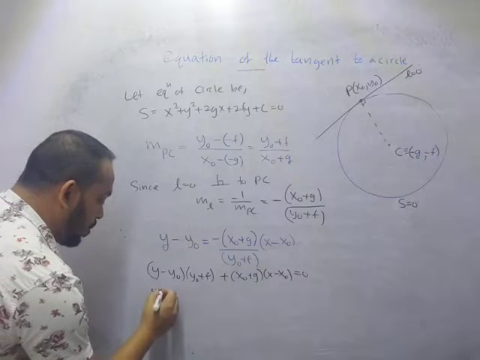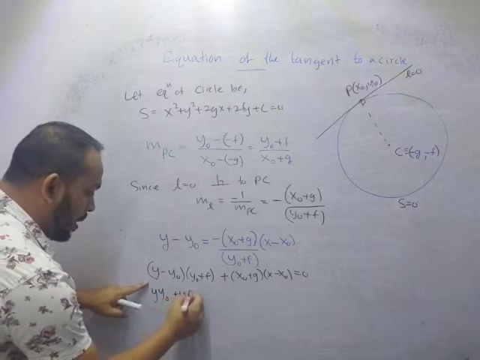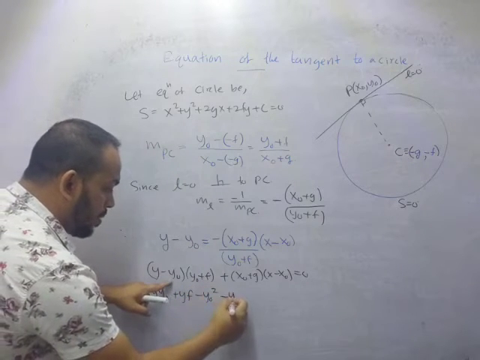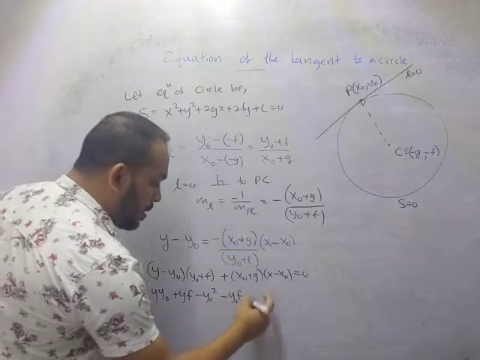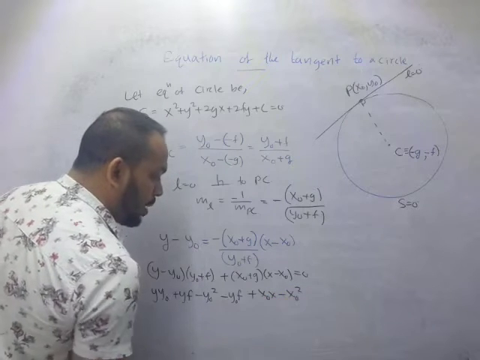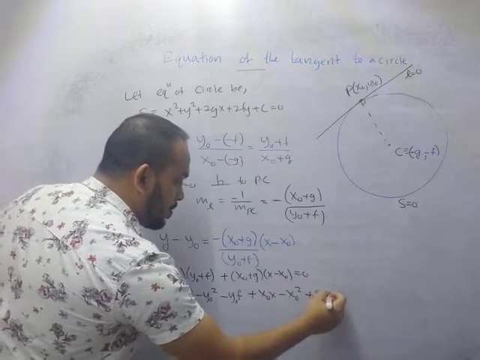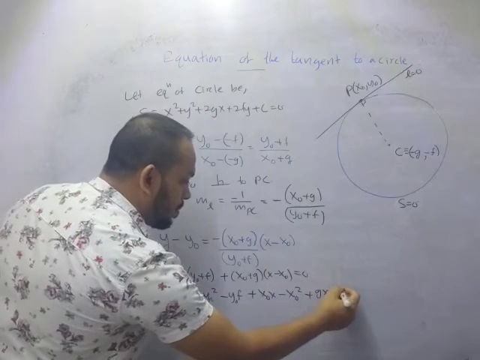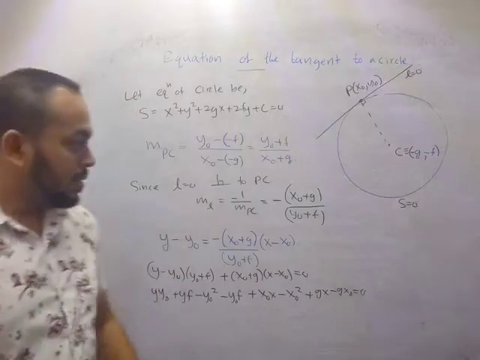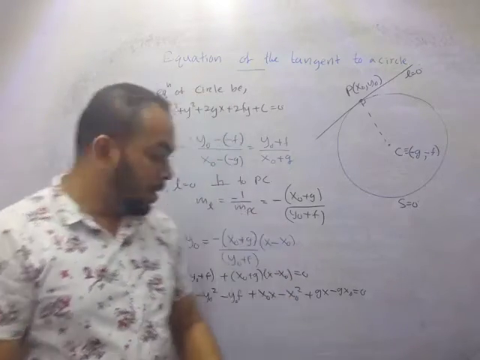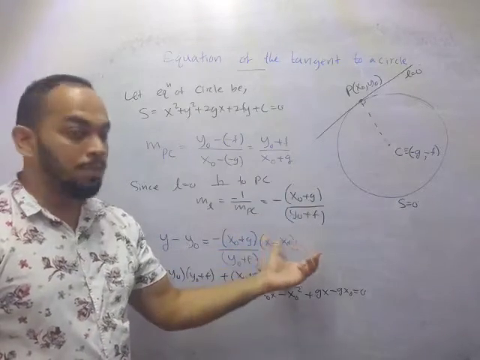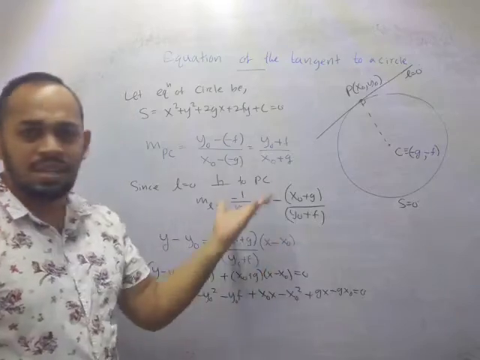So y y0 plus y f minus y0 squared minus y0 f, then x0 x minus x0 squared plus g x minus g x0 equals 0. If this is a numerical problem, you would obtain the equation right away, because you get a value for this. Then it's easy, just a line.